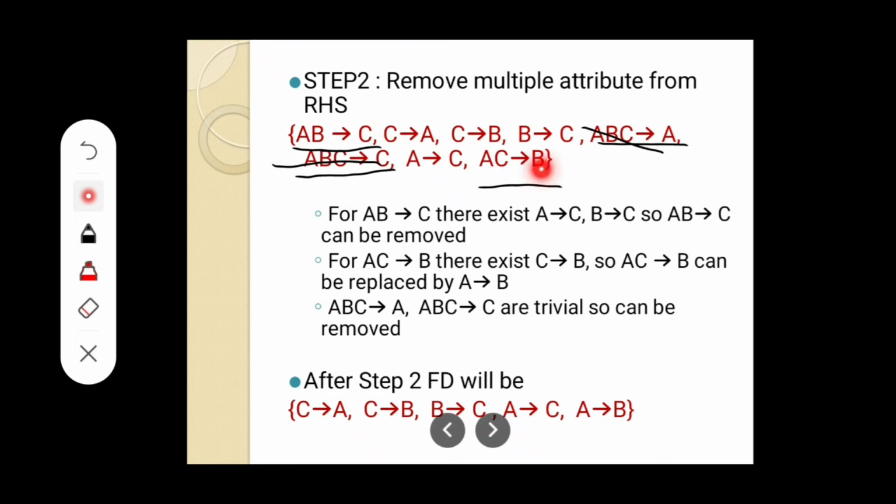Clear? Next case, AC determines B. You just check whether A determines B is there and C determines B is there. Okay, AC determines B. So there exists C determines B, but A determines B is not there. Okay, C determines B is there, but is A determines B there? No, A determines B is not there.